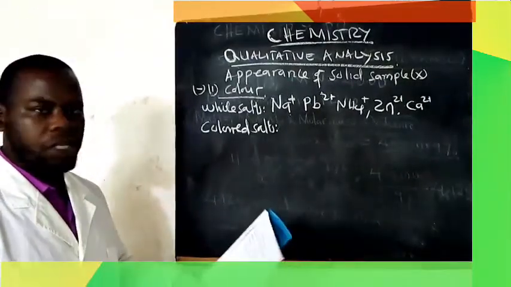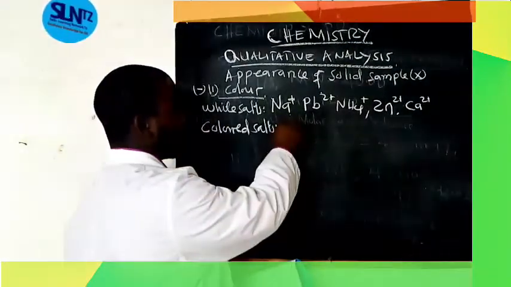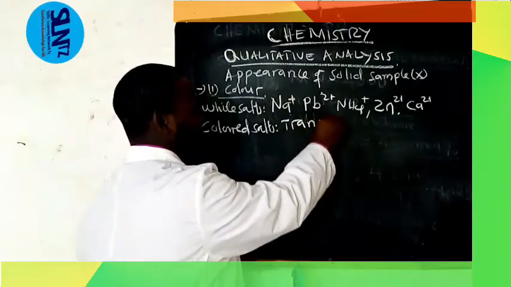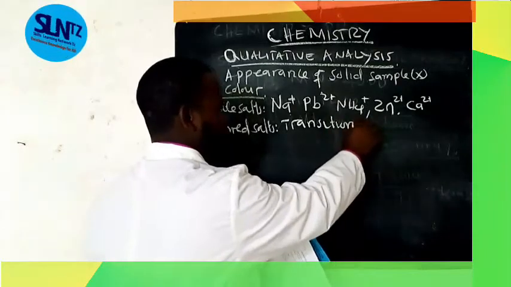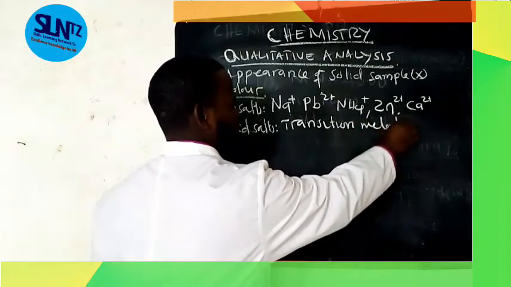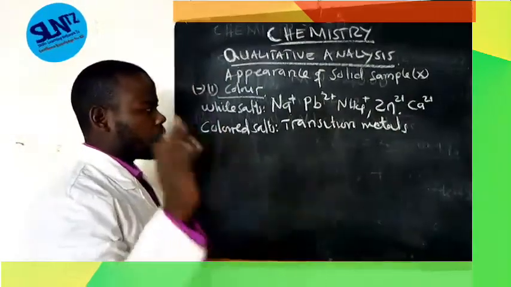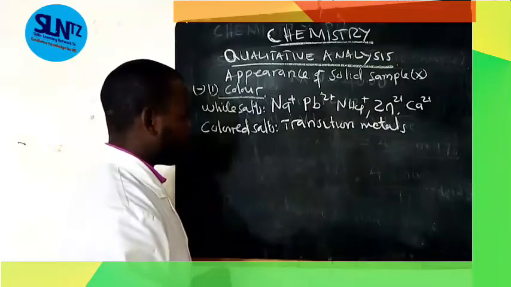So what is your expectation? It means here I expect to get transition metals. So what transition metals? That is the colored salt sample.